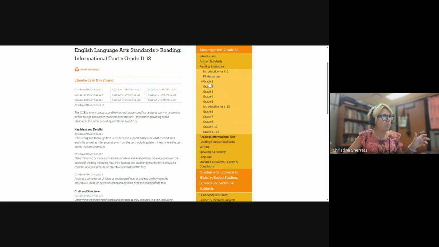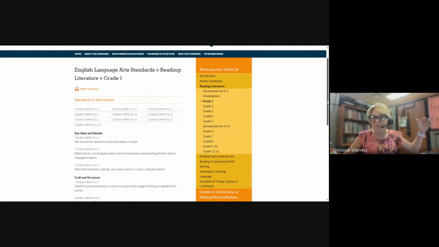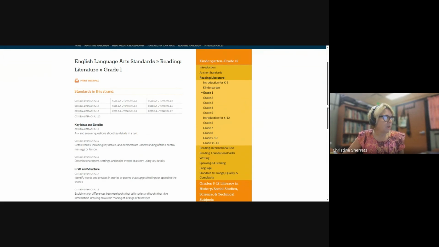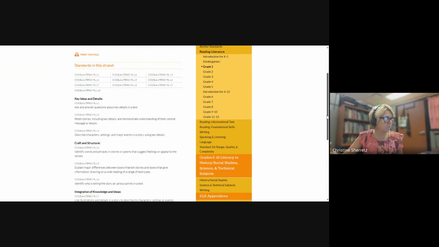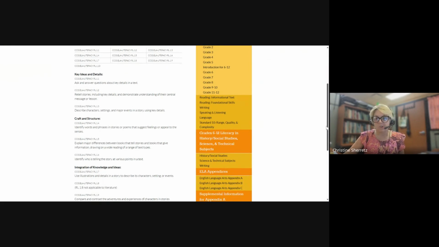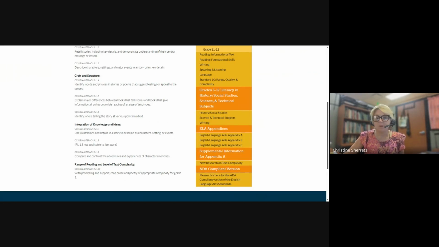And I'm going to go to first grade. We have key ideas, but all of these are the same through kindergarten all the way to 12th grade. So you have key ideas and details. So can the student ask and answer questions, retell story events, characters? You have craft and structure, integration of knowledge and ideas, and then range of reading and level of complex text.